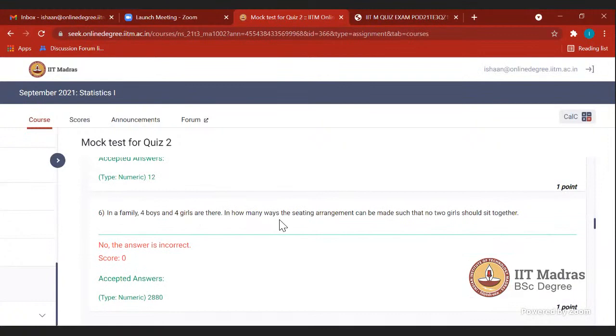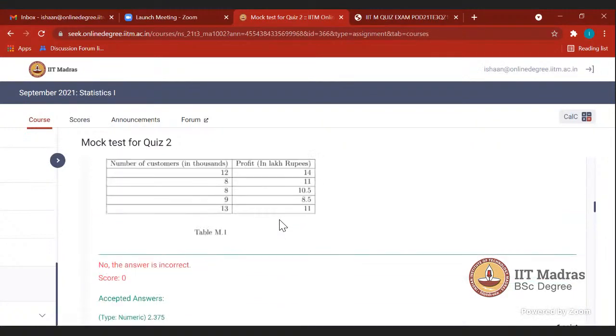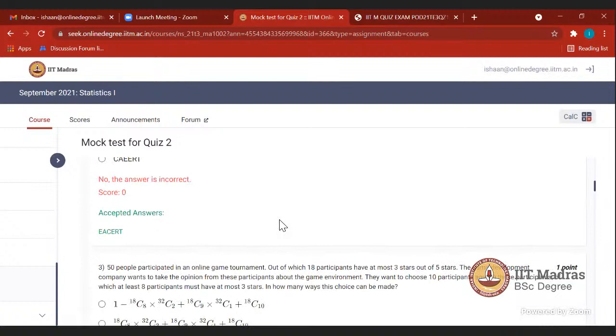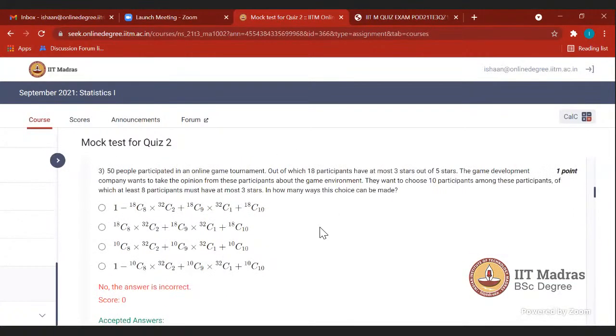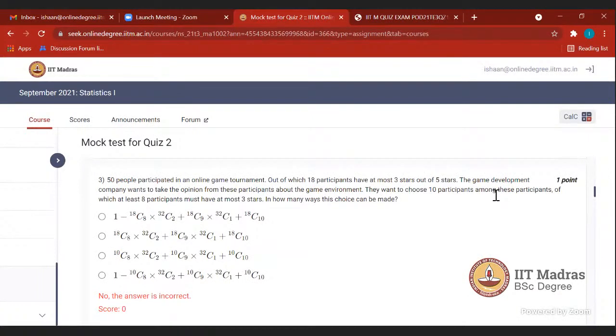Sir, can you explain problem 3 in the mock test? Yes, sir. Question 6, problem 3, I think everyone was able to do it. You have to select a total of 10 participants, and at least 8 should have at most 3 stars. So the participants with at most 3 stars are 18, right? And the remaining 32 people have more than that.